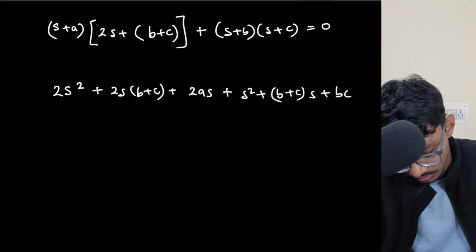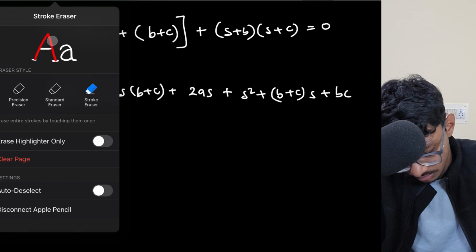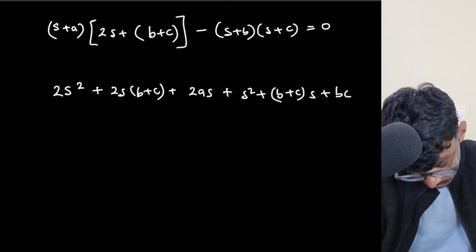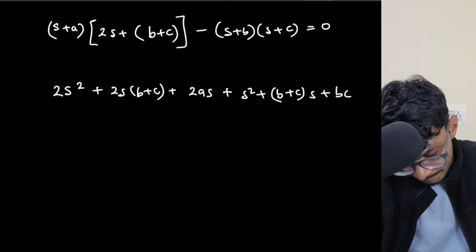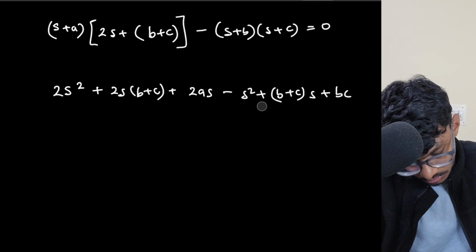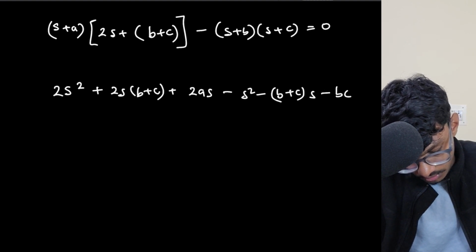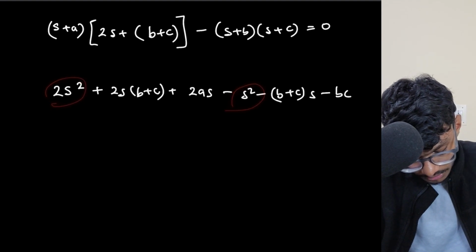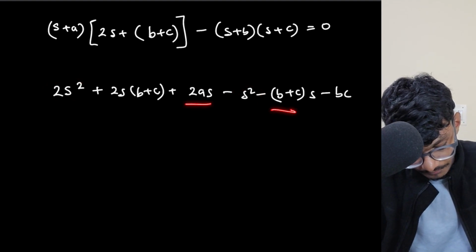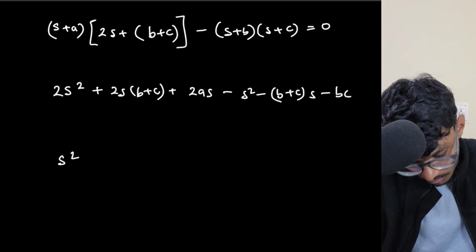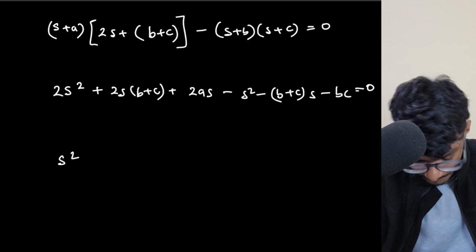This is in subtraction. So one s squared will get cancelled out, 2as we have, and this is minus a, so this will become equal to 0.